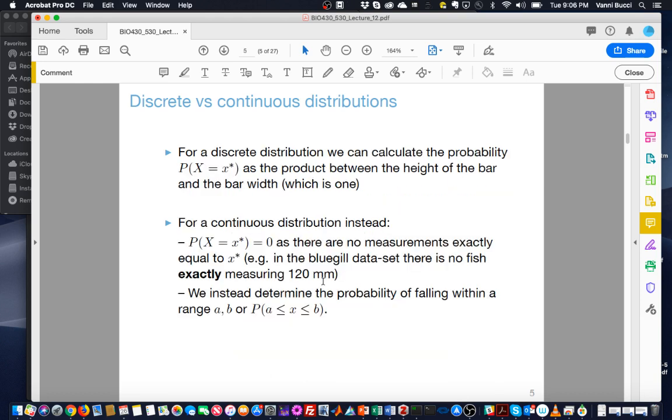So just to summarize, for a discrete distribution, we can calculate the probability of a certain value as the product between the height of the bar and the bar width.